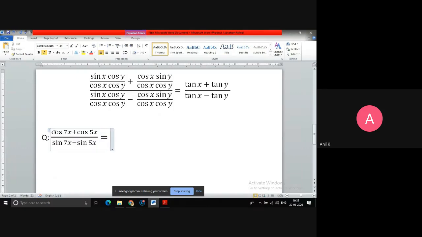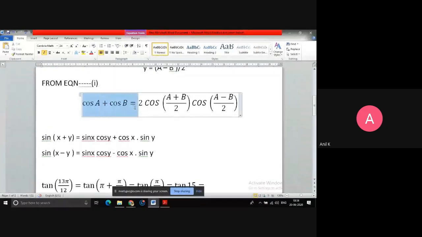Now look at the numerator. This is in the form of cos A plus cos B. If I take A as 7x and B as 5x, what is the identity we discussed? Cos A plus cos B is 2 cos (A plus B) by 2 cos (A minus B) by 2.